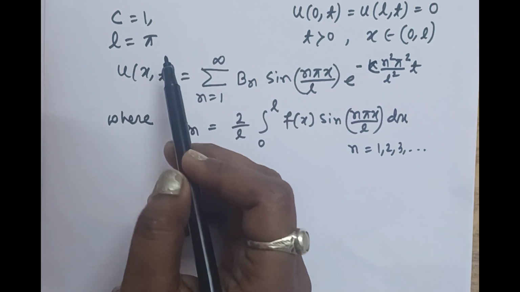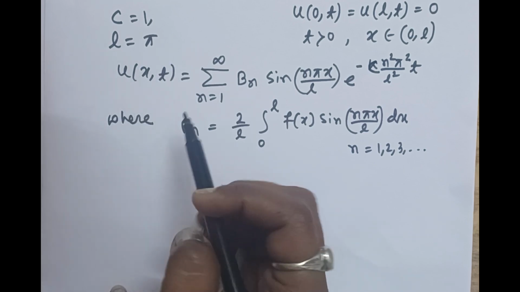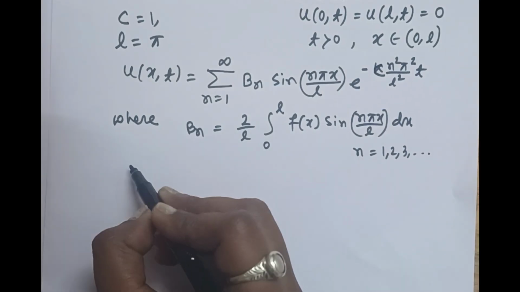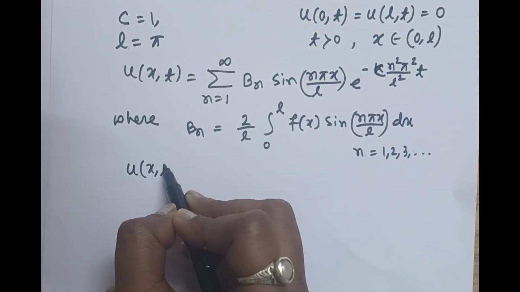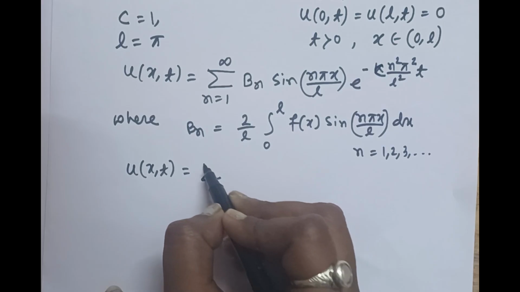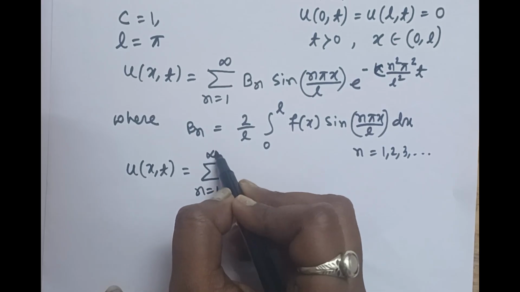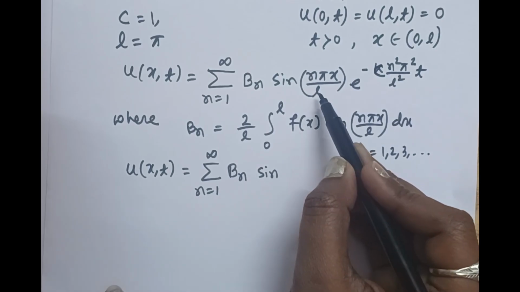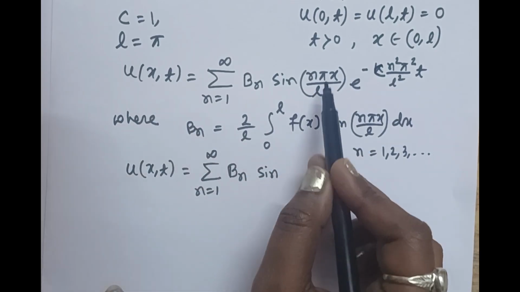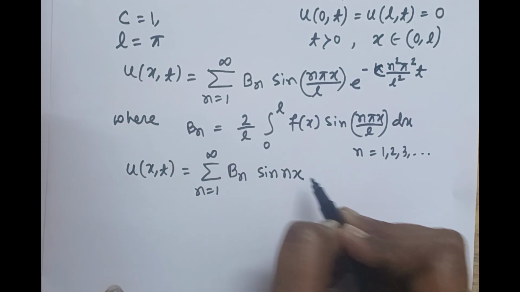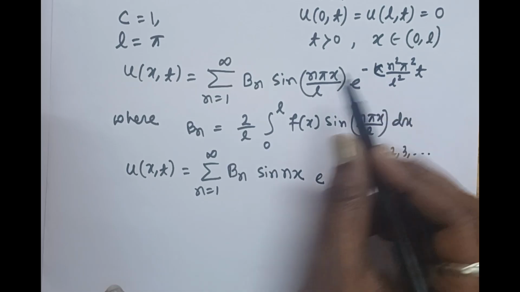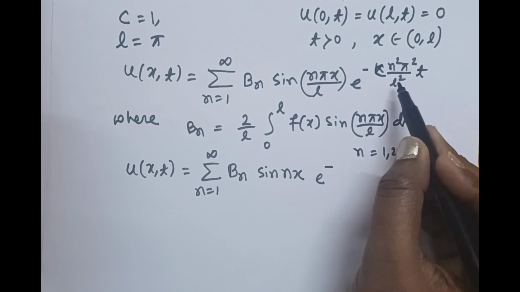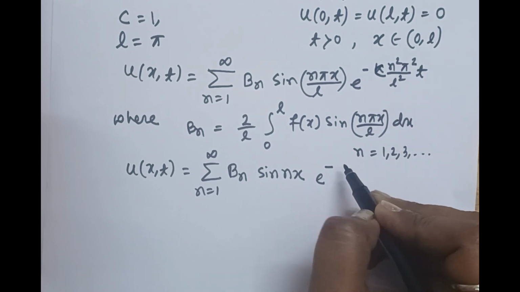So we now can write, since l equal to pi and c equal to 1, u(x,t) equal to summation n equals 1 to infinity bn sin nx, because l equal to pi, so pi and pi will be cancelled out, and e power, since c equal to 1 and l square equal to pi square, minus n square t.